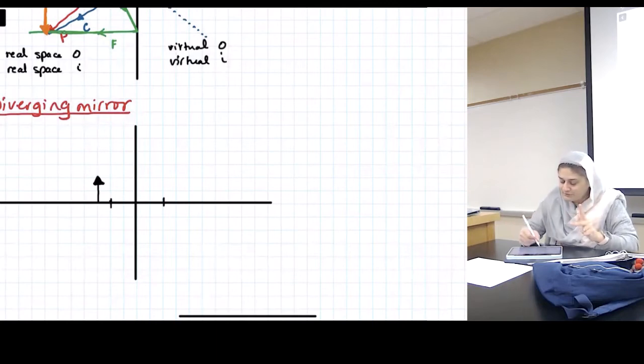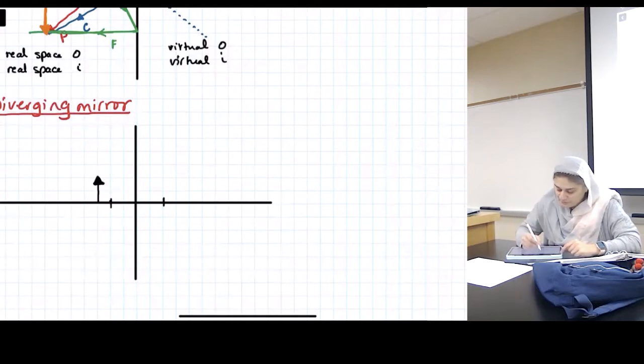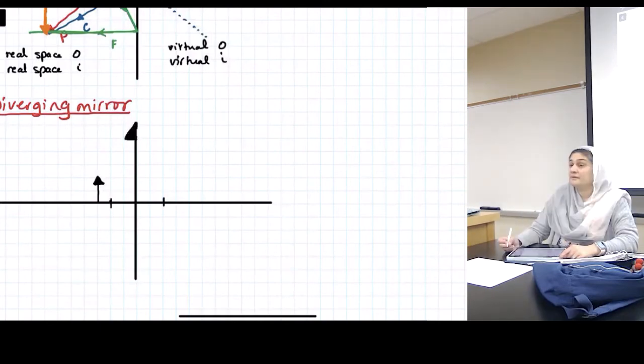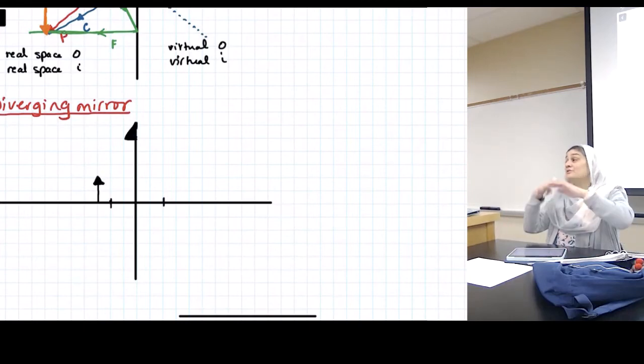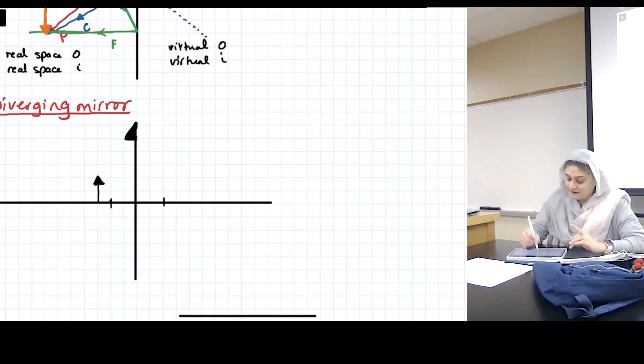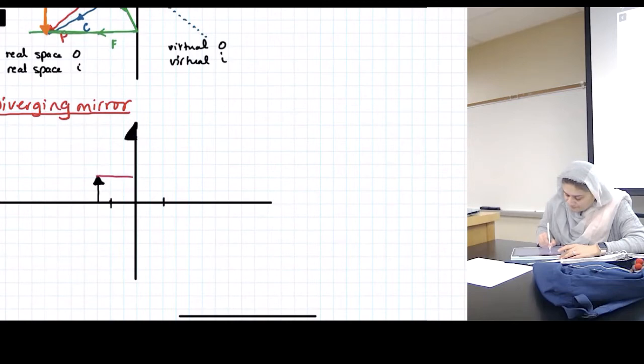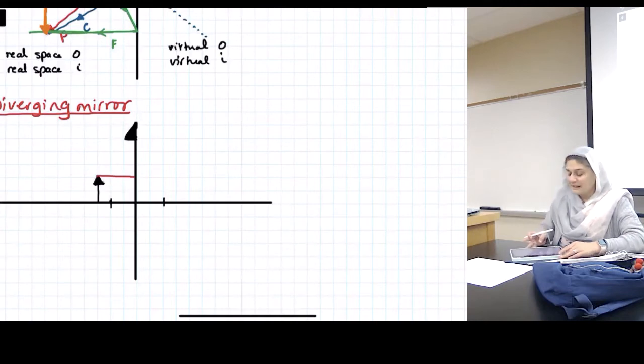Okay, so now look at this. This is a diverging mirror. What will the symbol for a diverging mirror be? And it's a mirror, so it's a reflecting surface. Use these words carefully. So my principal will be this. It has to bounce back. By how much does it have to bounce back?